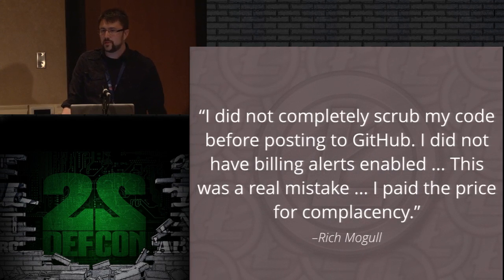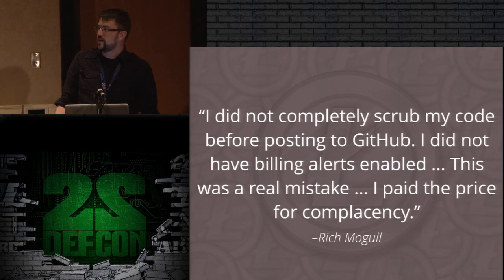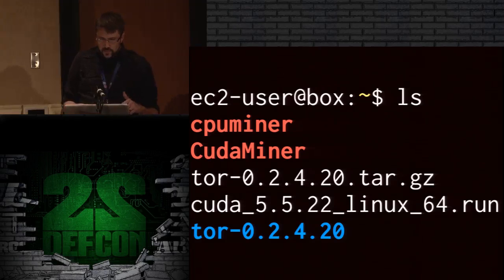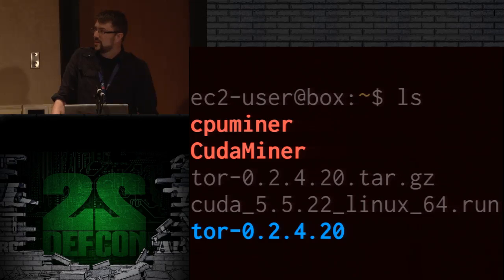This even happens to people that know what they're doing. Rich Mogul gives a talk at Black Hat on working with the cloud and doing security appropriately, setting up your development environment appropriately, as well as locking down your instances and how you handle your keys. When he ended up looking at the account that got hijacked for him, what did he find running there?